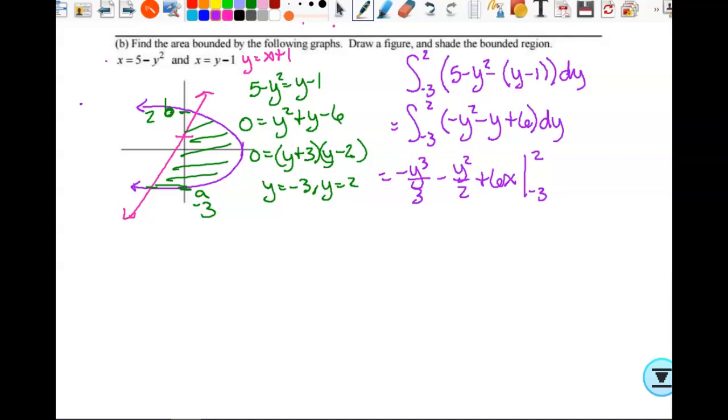So I got negative y cubed over 3 minus y squared over 2 plus 6x. Do we agree with that? Yeah? We agree with that. Okay, good. All right, so go ahead and substitute in your numbers. I'm going to let you do that. Give you a second. Struggle through your fractions a little bit.